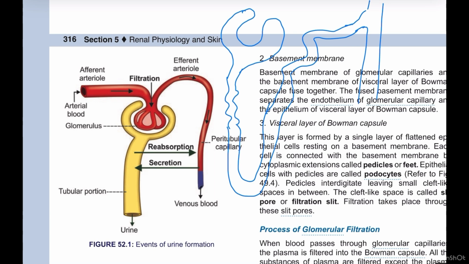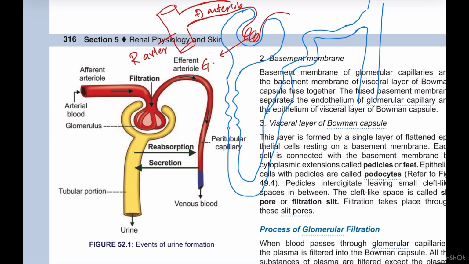And here there is a blood vessel. The renal artery divides into small blood vessels called afferent arterioles. The afferent arteriole divides into small capillaries, which are called the glomerulus. These unite together and form the efferent arteriole.